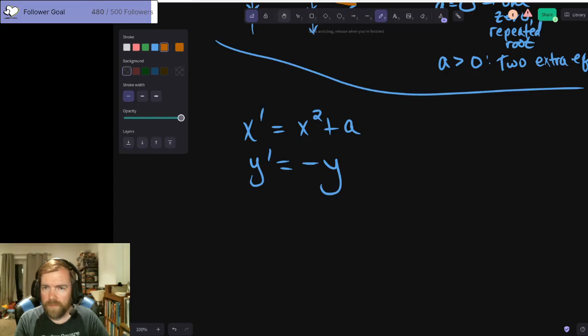Now we could do equilibria stuff and try to figure out how that interacts with the y.